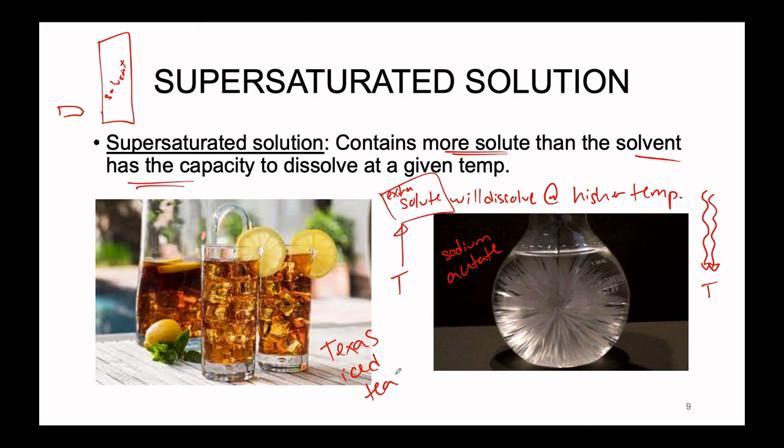Instead, we end up with this delicious drink that has way more extra sugar than what the solvent, or the water, is naturally able to hold. So these Texas iced teas or sweet teas, we are able to drink pretty freely. We can even cool it down with an extra amount of ice for an extra sweetness on top of the already supersaturated solution.